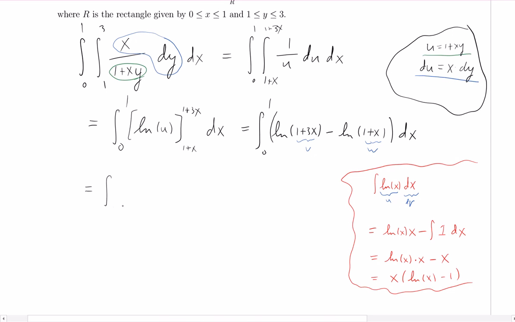Then this is integral of log v times 1/3 dv because of the 3x, minus integral of log w dw.